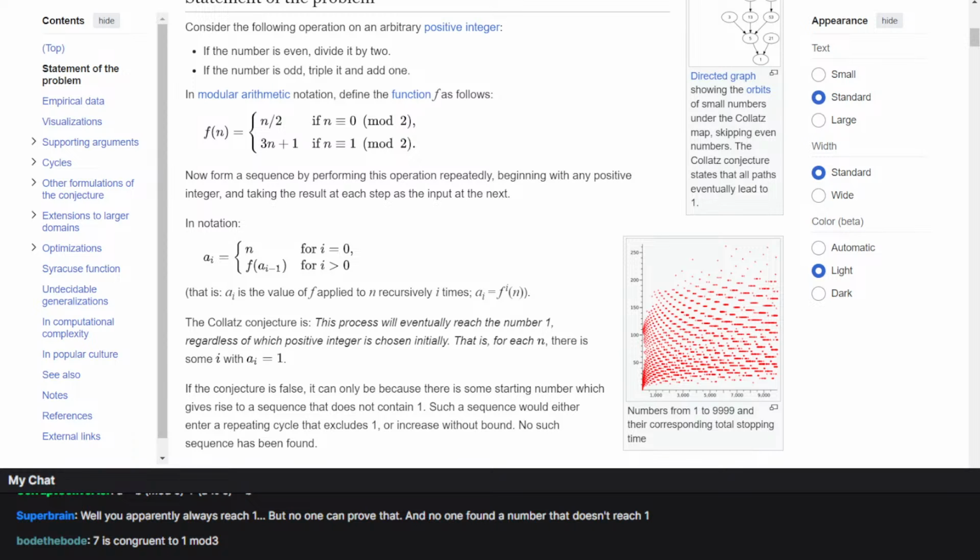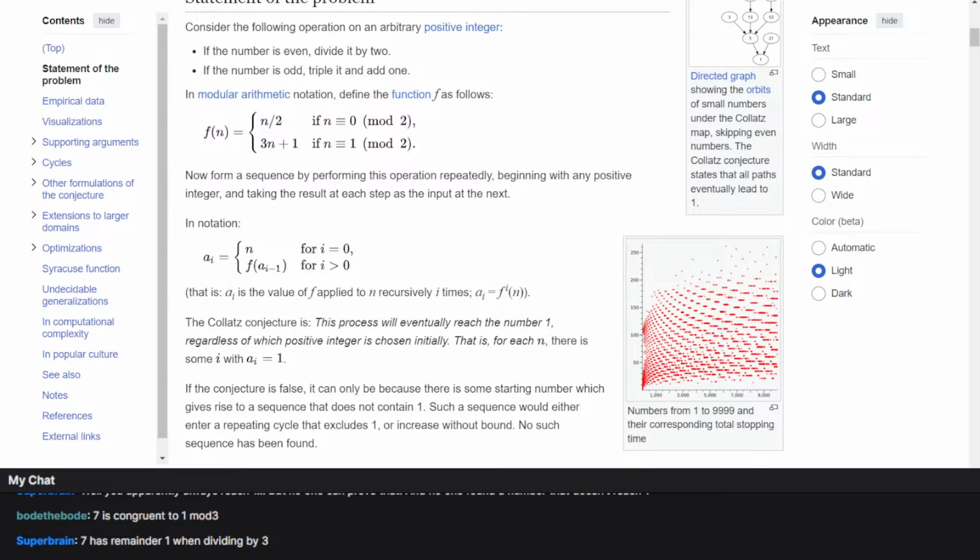Oh, you're supposed to read it 7 is congruent, but congruent means is a multiple of, I guess. 1 mod 3. Wait, or maybe you're not rewriting it, or maybe you're just saying... I don't know, actually.